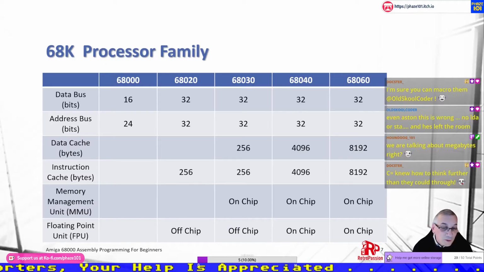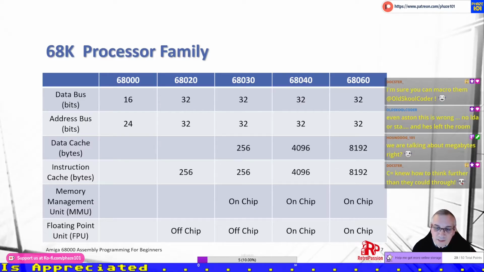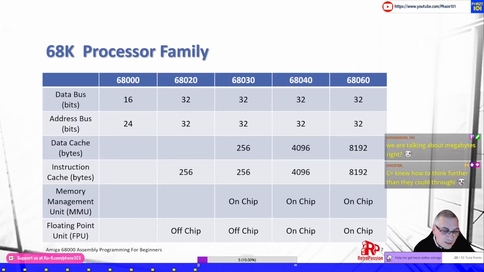And an FPU is available from the 68020 onwards, but from the 68040 it's also on chip, so it's on the CPU. So for example, one of my Amiga 1200s has got an FPU. Okay, I installed it on the motherboard. Actually, RetroPassion installed it for me.